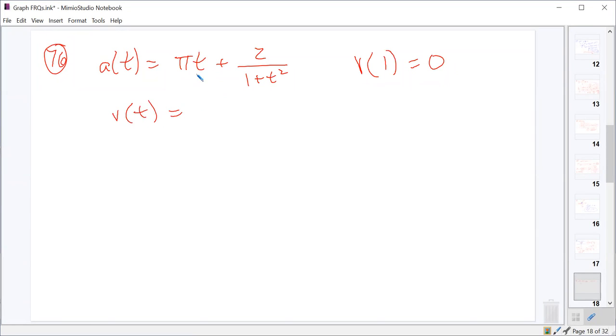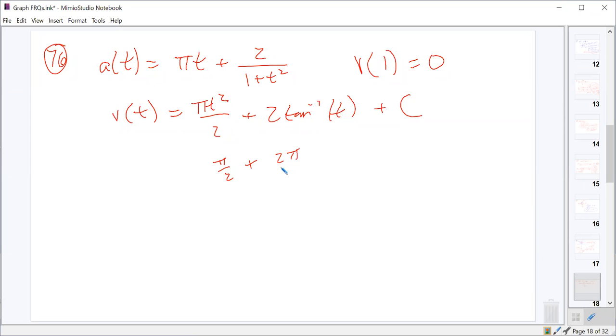So v of t ought to be the integral of this, which ought to be pi t squared over 2. And the integral of this ought to be 2 inverse tangent t plus some constant. We plug in 1, we ought to get 0. So plugging in 1 here gives me pi over 2. The inverse tangent of 1 is pi over 4.